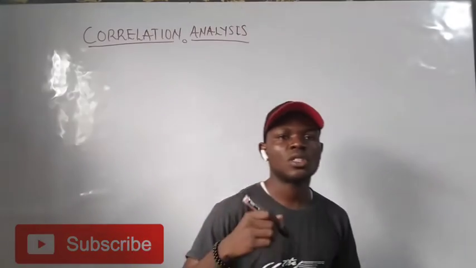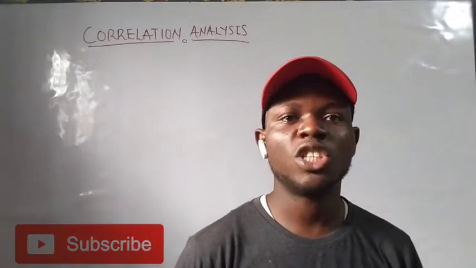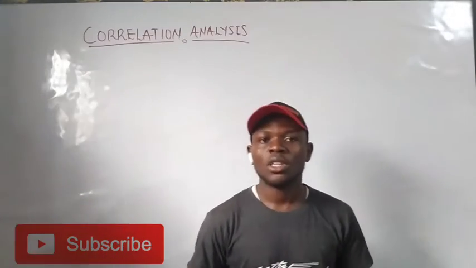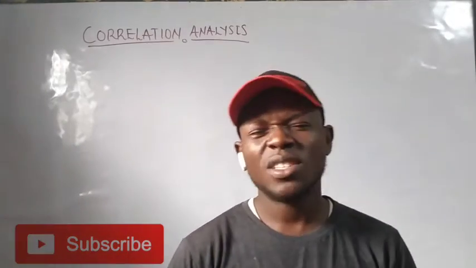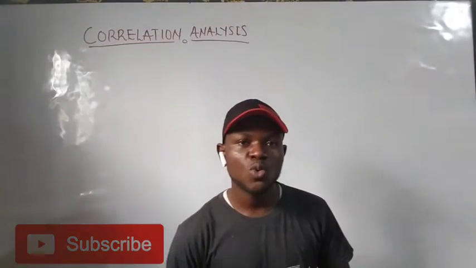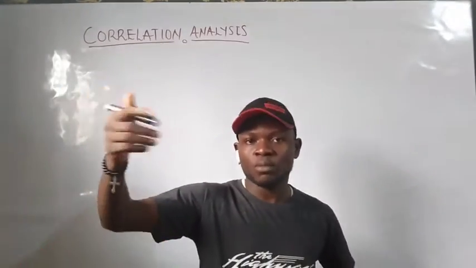But the other type of correlation we have is called the linear and the curvilinear correlation. The curvilinear is otherwise known as the non-linear correlation. So what is the linear correlation? It's called linear when you measure the degree between them having a constant slope. Do you understand?